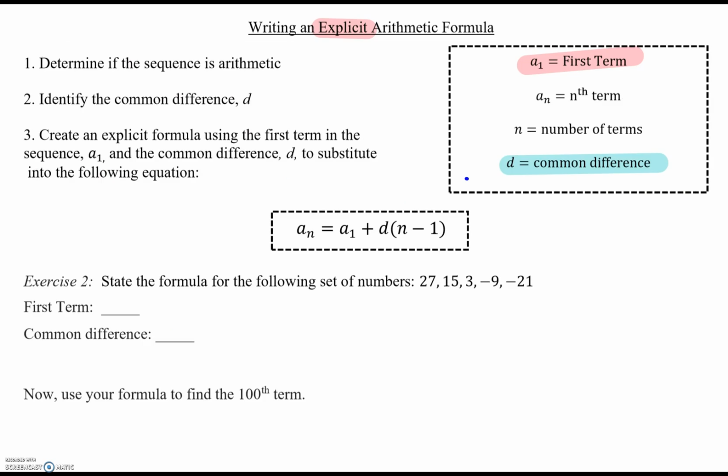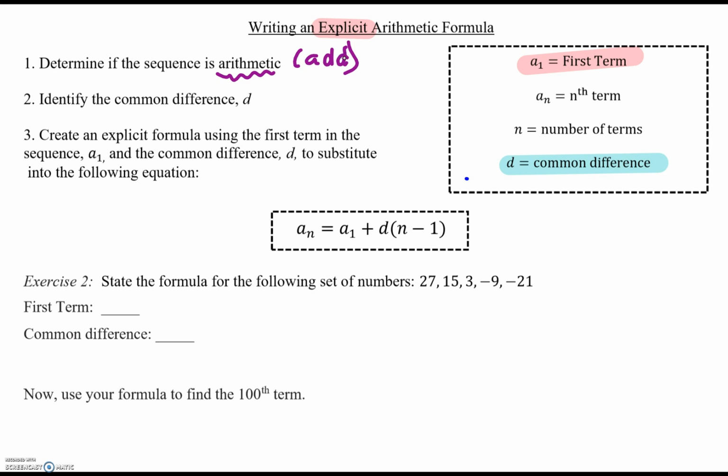Now we're going to get into writing an explicit arithmetic formula. The first thing that you want to do whenever you see a sequence is determine if that sequence is arithmetic. You don't know what geometric is yet, but again, if something is arithmetic, I'm thinking add. That's our key word.